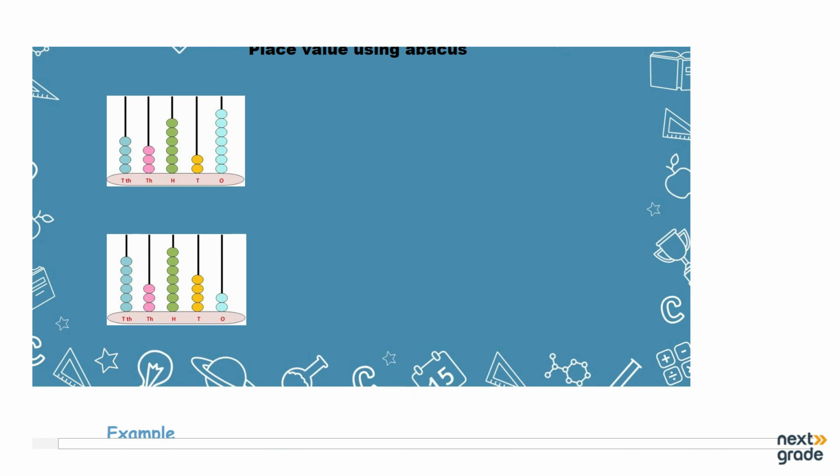Okay, welcome back everyone. In this video, we are going to learn how to use the abacus to identify place values. Remember, we have been discussing 5-digit numbers. So we are going to look at the abacus. But before we begin, do you know what an abacus is?